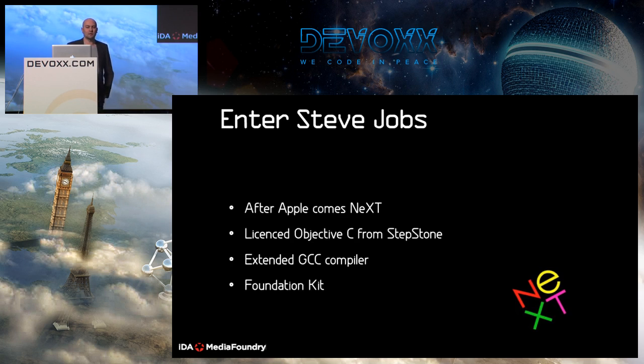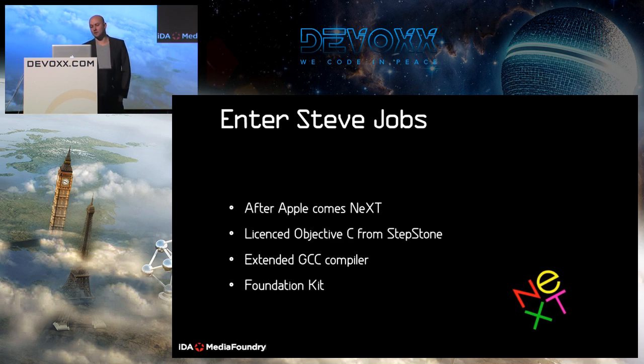Later on, when Steve Jobs was fired from Apple, he decided to start a new company called NeXT. He liked the way Objective-C was working, so he licensed it from Stepstone, the company of Brad Cox. Everything that his team wrote was written in Objective-C, but they extended it a lot and added new features to it.